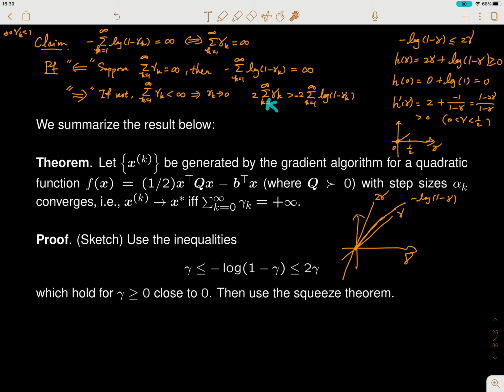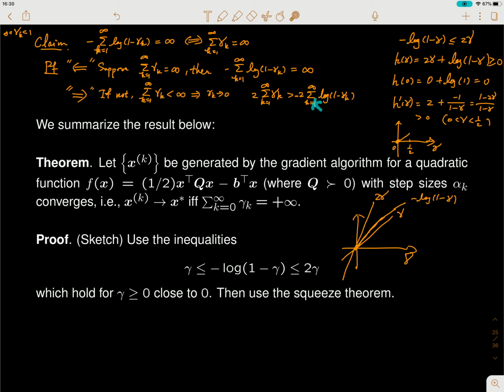Say this is the big K, say K is 100 terms, or 200 terms. After 200 terms, I will have all my gamma k between 0 and 1/2, and then I should have this as well. But the point right now is that if I know that this sum here gives me infinity, the infinity is given by the infinite sum.